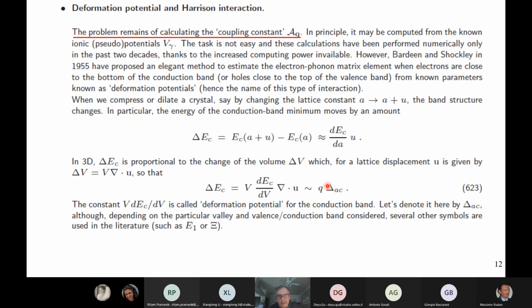So it can have units of either eV or eV per centimeter, whatever. But this parameter in particular is what we call the band or distortion or strain deformation potential, and it is denoted by delta.